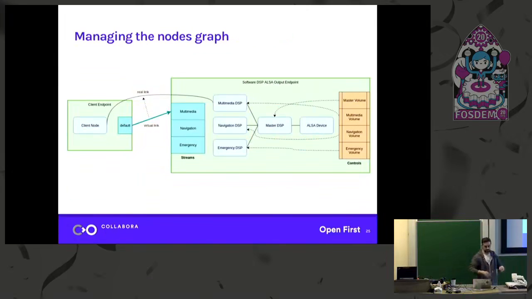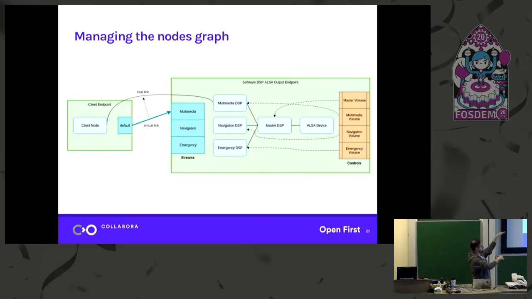And then how do we make the connection between the endpoints and the actual media nodes? So maybe you have, again, two endpoints, an application that plays something and an amplifier, something that plays. And you want to implement volume controls per stream.